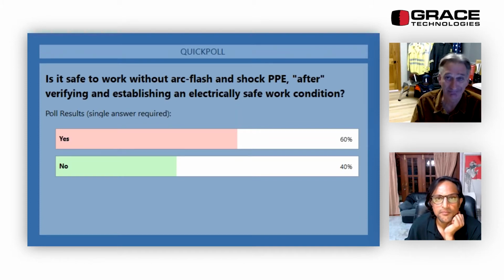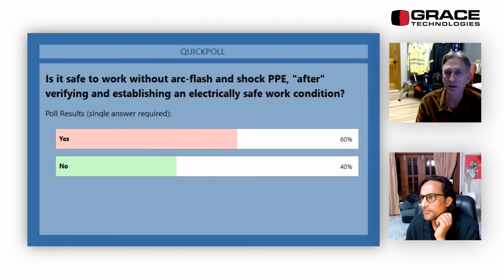After the training, everyone in my class should be getting all of these correct. But this is one that even on the front end, a lot of people think you have to continue wearing the arc rated and shock PPE.